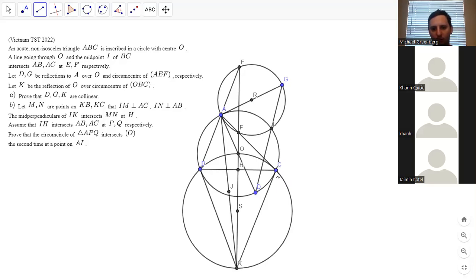So if we can show that LBDC is harmonic, that would solve part A. So what can we project through? Maybe we can project through A.